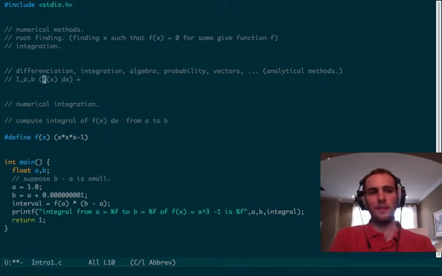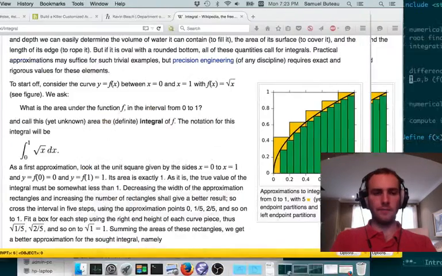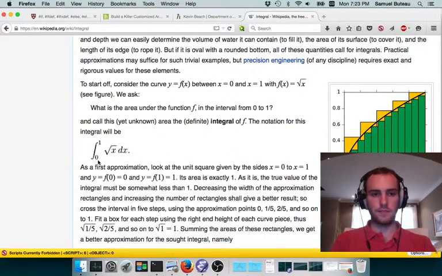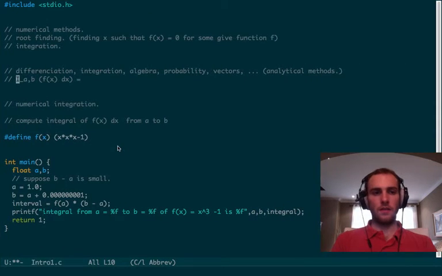There isn't really any good way for me to write it at this point. But this is supposed to be this thing. a would be 0, b would be 1, f of x would be square root of x. That's the way I'm writing it right now, because I don't have the right symbols to write it.